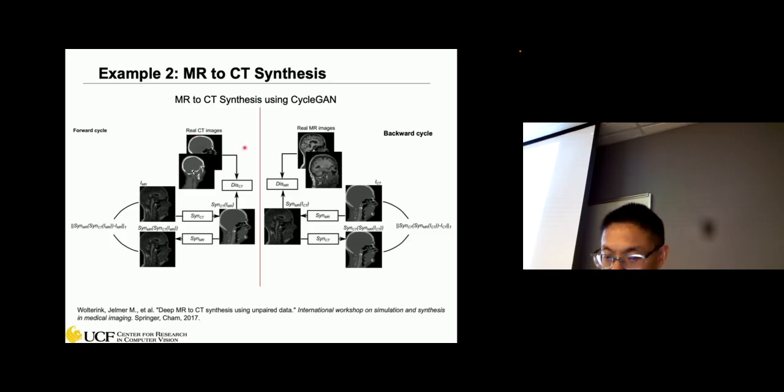So the only thing you have is unpaired data. You have a bunch of MRI images maybe from different patients, or a bunch of CT images from another group of patients, so you can do this unpaired image translation using the CycleGAN, right?